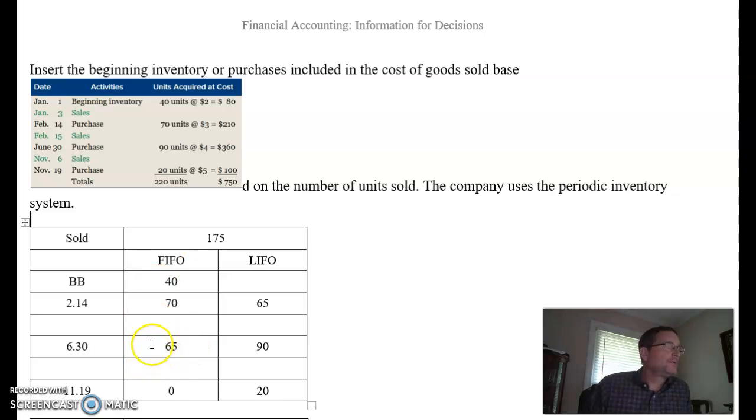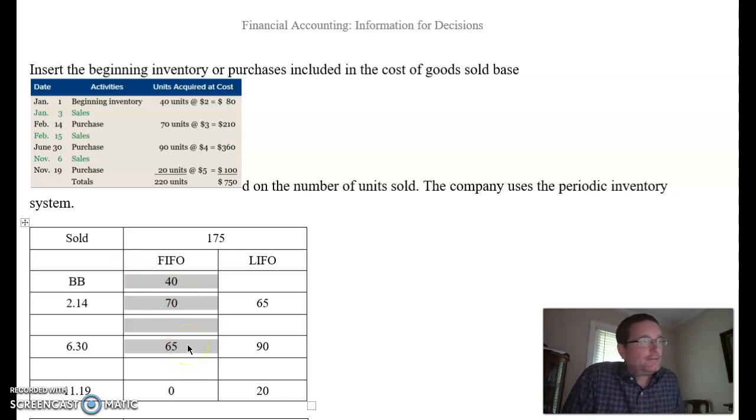So we put 65 here because these three numbers add up to 175. 40 and 70 is 110, and then 65 is 175. That means we didn't sell all 90 units on June 30th. We sold 65 of those units, which means we have a remaining amount of 25.